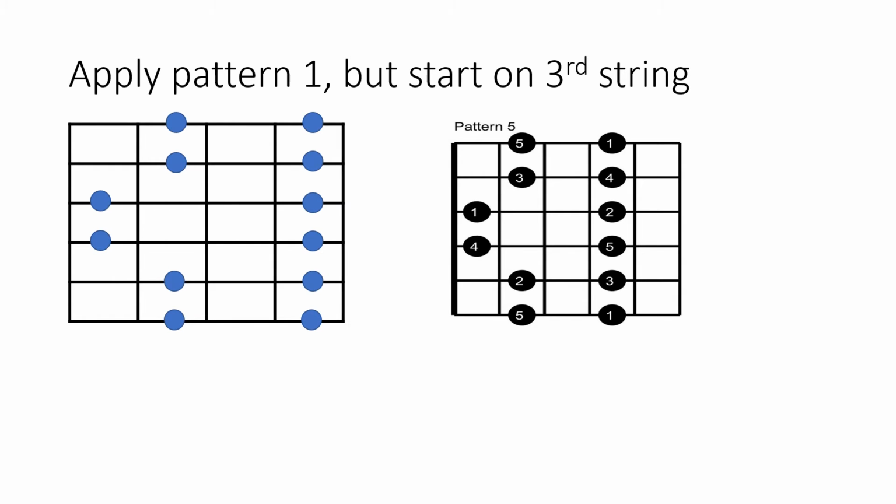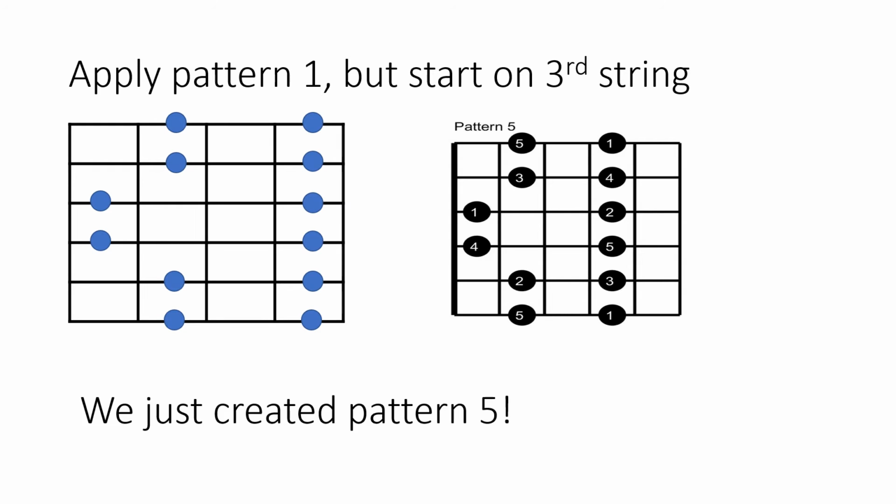We can compare this with pattern 5. So, again, if we apply pattern 1, but start on the third string, we get pattern 5. Starting to probably get the point here. All the patterns are really just pattern 1, just started on a different string.